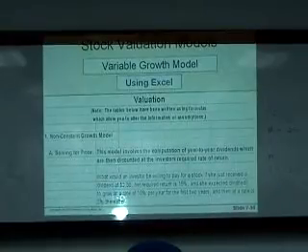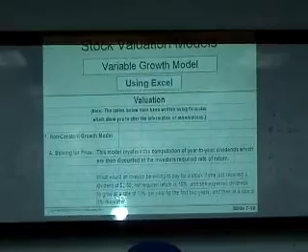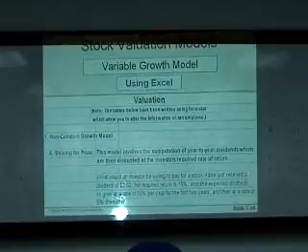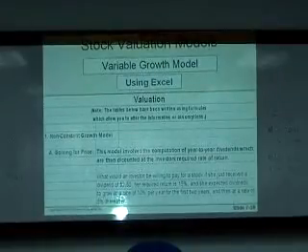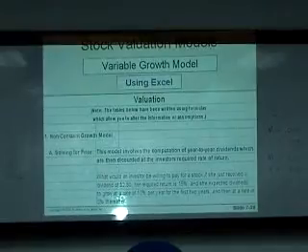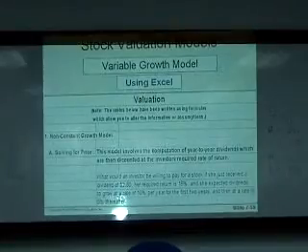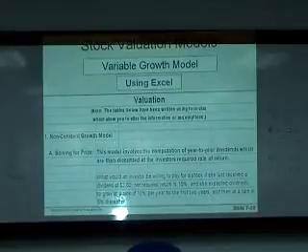So D0 is 1.50. D1, how much is D1? 1.5 multiplied with 1 plus g, so you get 1.65, right? So 1.1 multiplied by 1.5 equals 1.65.